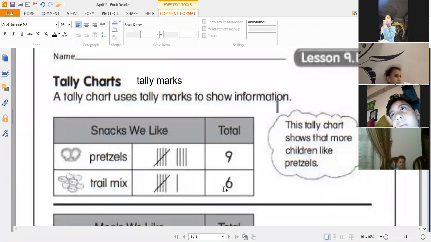This large table we call a tally chart, and these marks are called tally marks.